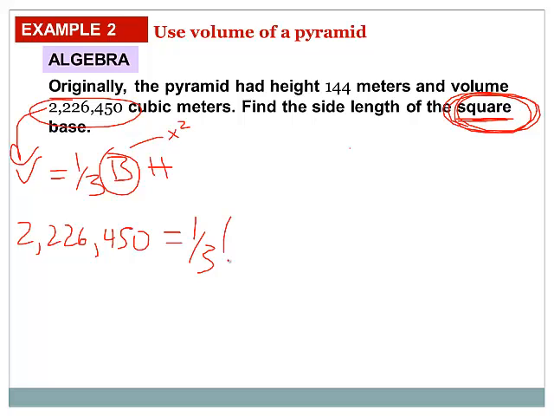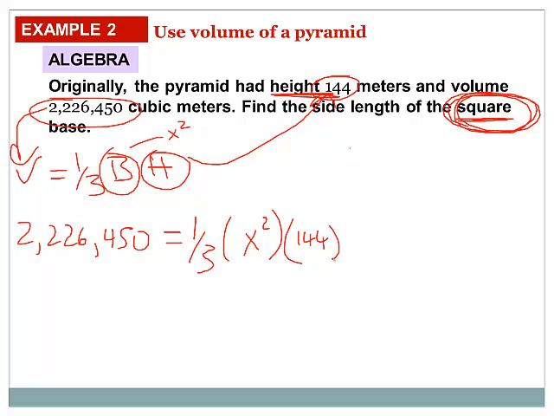I'll put x squared, just because you should be used to x, times your big H, which we know is 144 meters, because that's what the pyramid's height is.